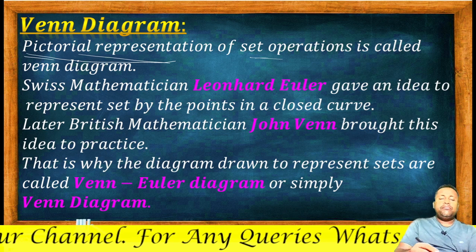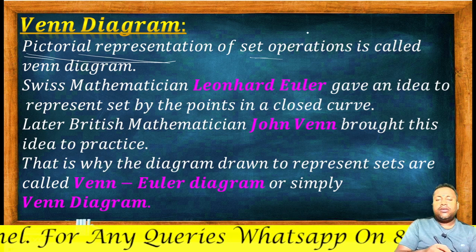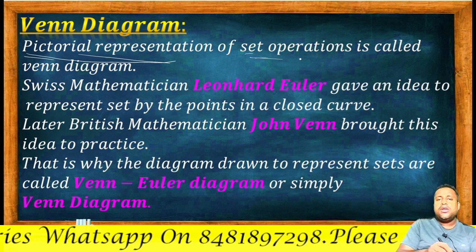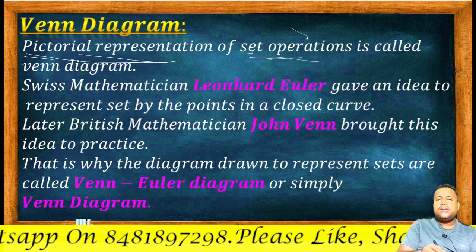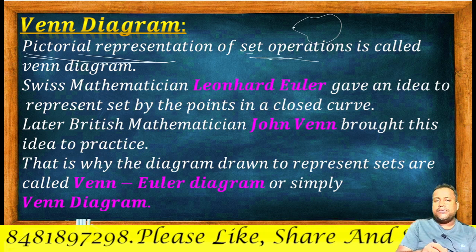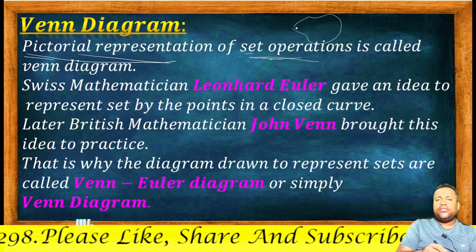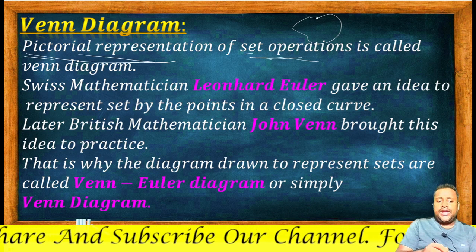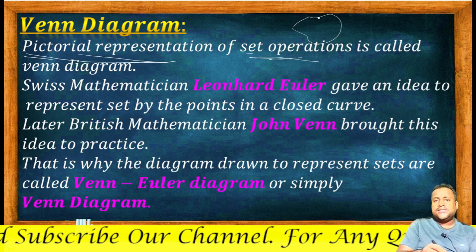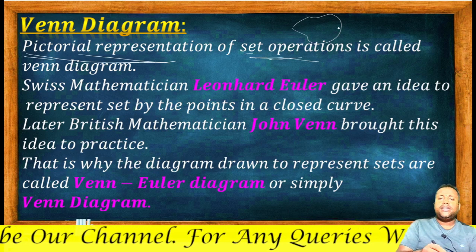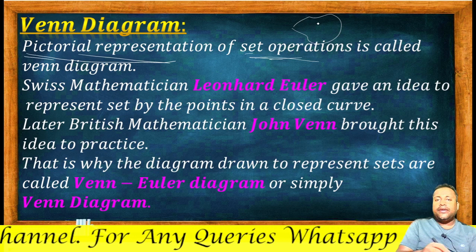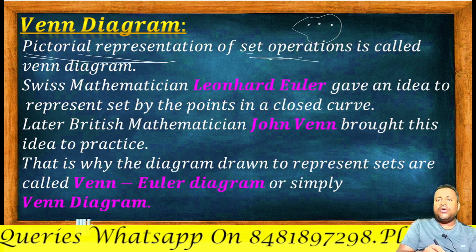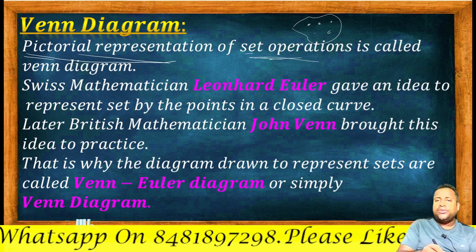In ancient times, mathematicians used to represent set operations within a closed curve, and at that time this method was popular. The universal set was represented within a closed curve, and any subset of this universal set was represented by points within this closed curve.